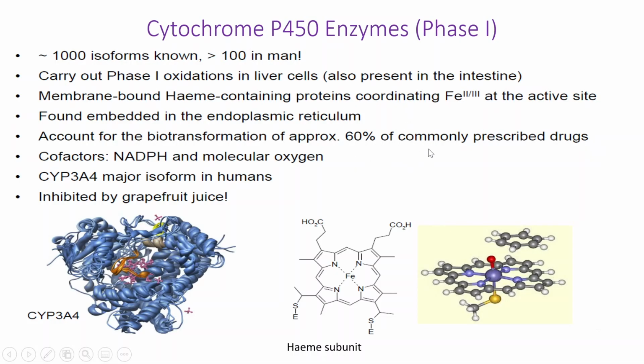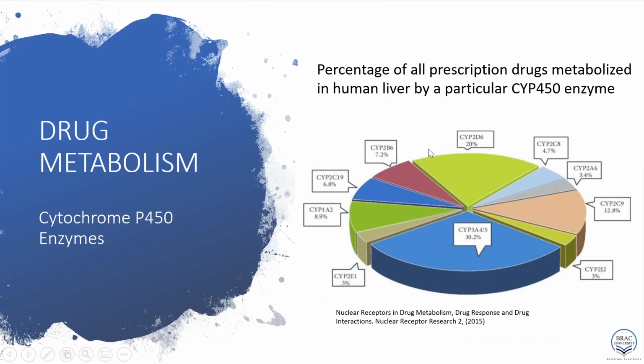And this is the classification, or you can say the distribution, of the 60% of the drugs. The other 40% may or may not go through this system or the blood, or may directly undergo the excretory system.